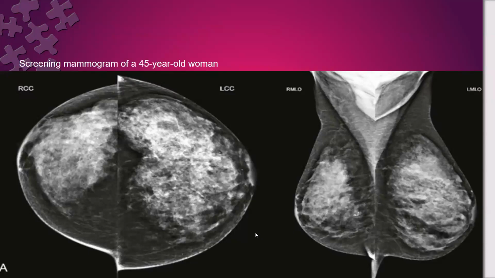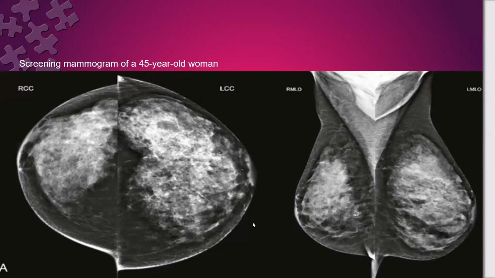No associated suspicious abnormality. Right. No mass. There is a little microcalcification. No skin retraction. No skin thickening. No lymph nodes. This is your opinion. We accept it. Any other observer?